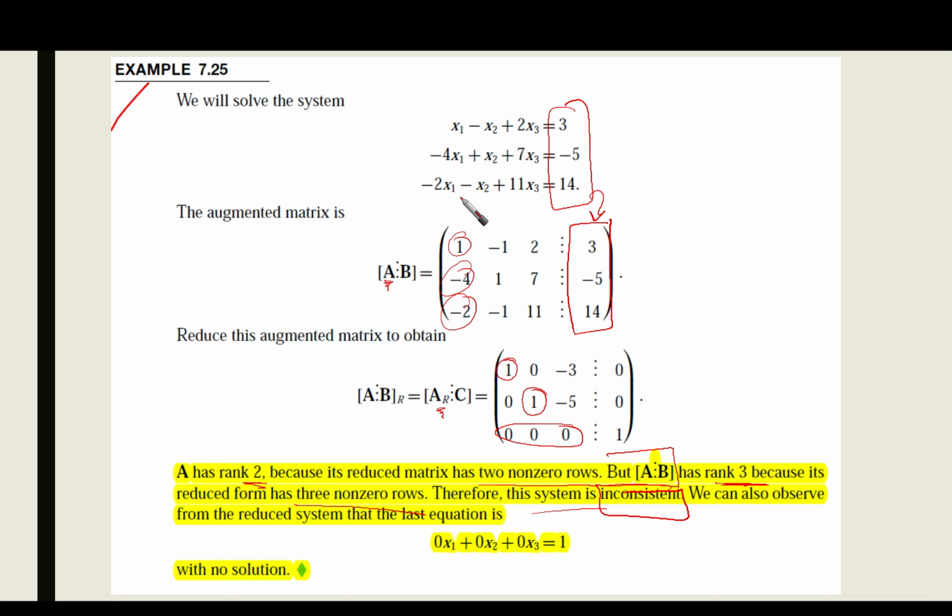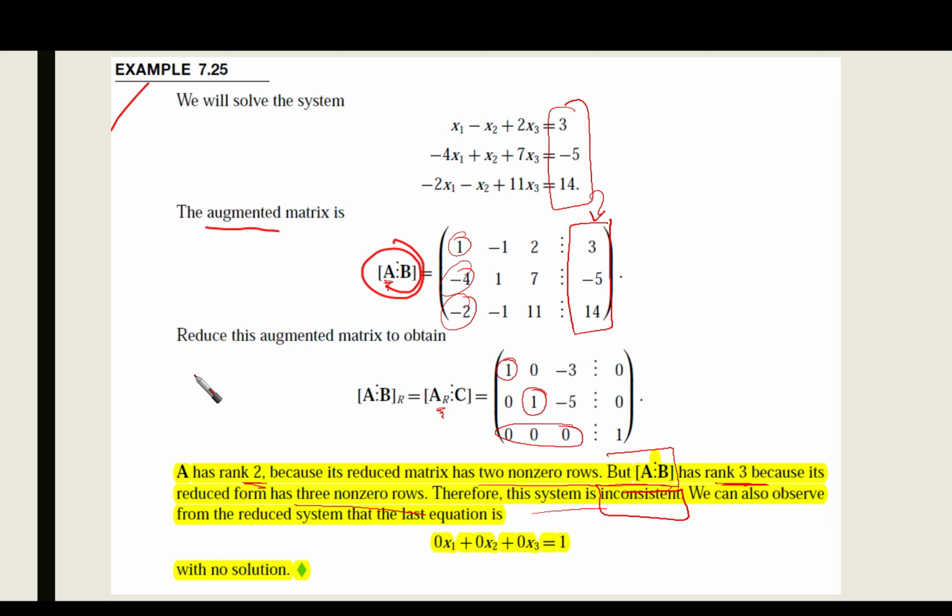Then we can form the augmented matrix directly, which is A and B. We put the coefficient matrix here, 1, minus 4, minus 2, arranged based on the coefficient matrix. And the right hand side is, as you can see, 3, minus 5 and 14.